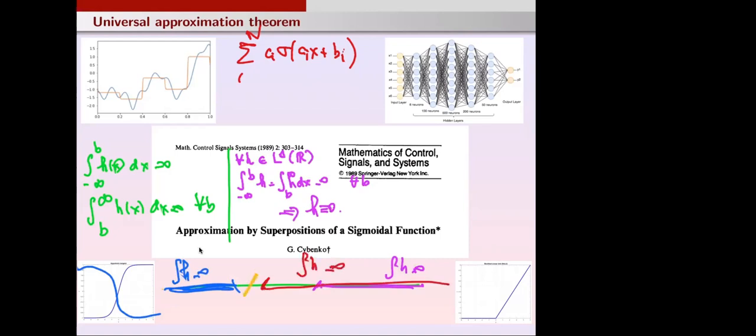And you take a different half line to the left, and the integral of h is 0 as well. So how can you show that this function h, for which all these integrals on half lines are equal to 0, is equal to 0?